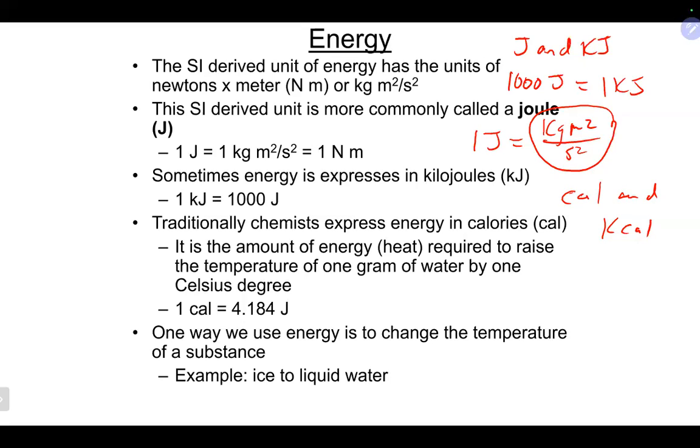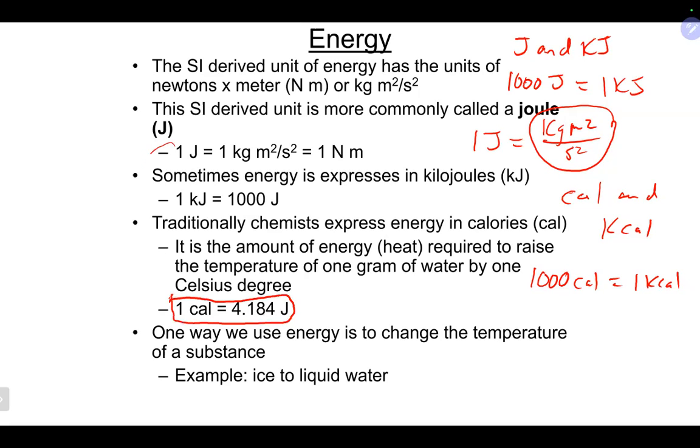And once again, that relationship is the same as above. There would be 1,000 calories in 1 kilocalorie. The relationship between calories and joules is really an important one, and that's what's right there. 1 calorie is 4.184 joules. So those numbers, you do need to know that relationship.